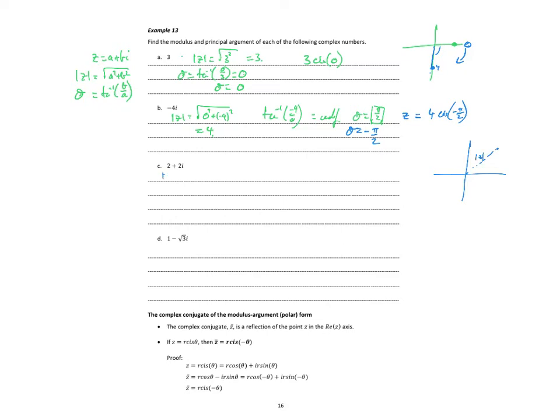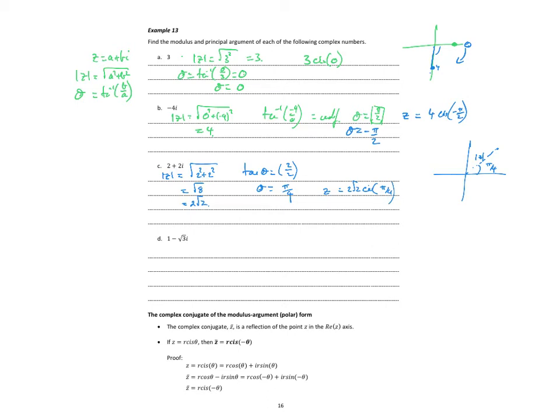So the magnitude of z is equal to the square root of 2 squared plus 2 squared, which is 4 plus 4, which is root 8, which is 2 root 2. Tan theta is equal to y on x. Therefore, theta is equal to pi on 4. Check my quadrant. Yes, I'm in the right spot. So therefore, z is equal to 2 root 2 cis pi on 4.